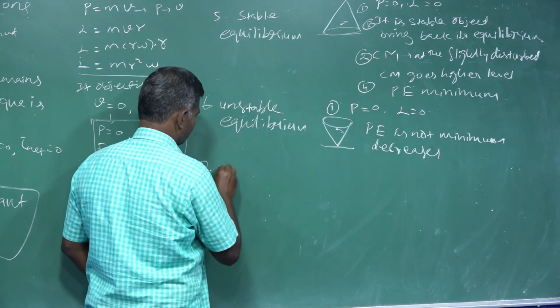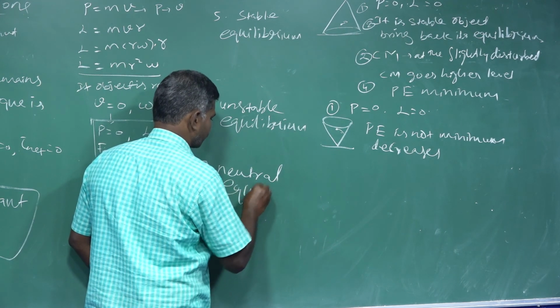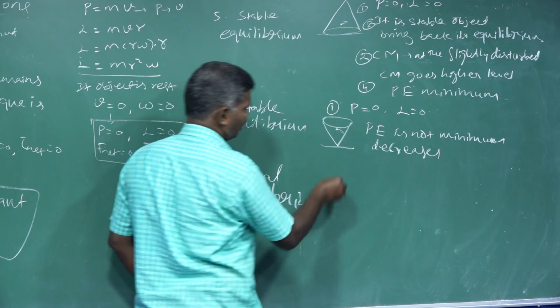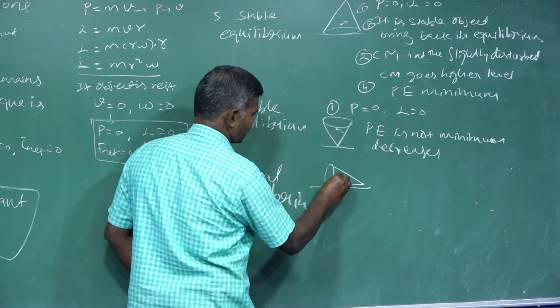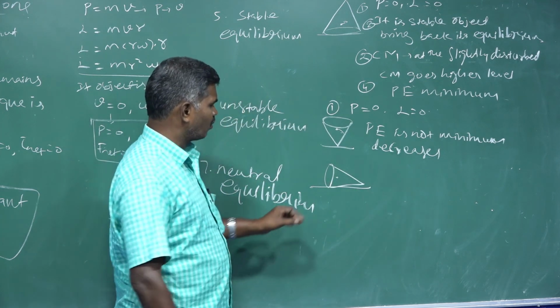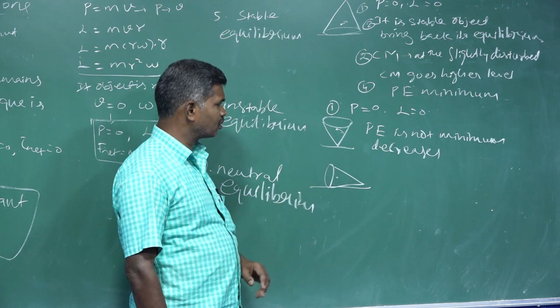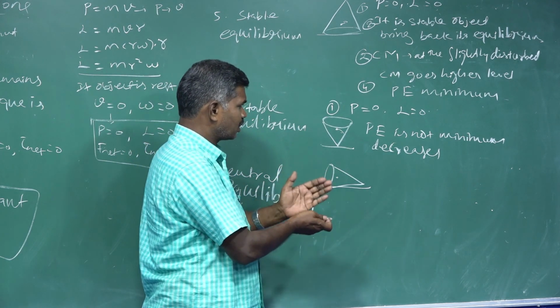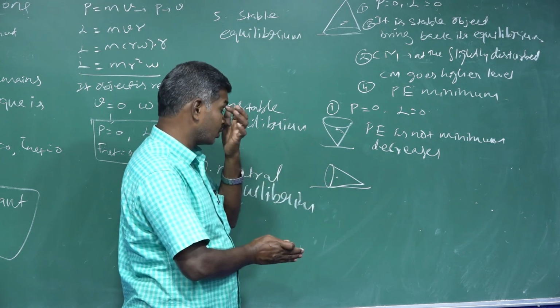Then the seventh one is neutral equilibrium. If the cone rests sideways, whatever the center of mass we have, if you apply a force, it rests in that same initial position itself.